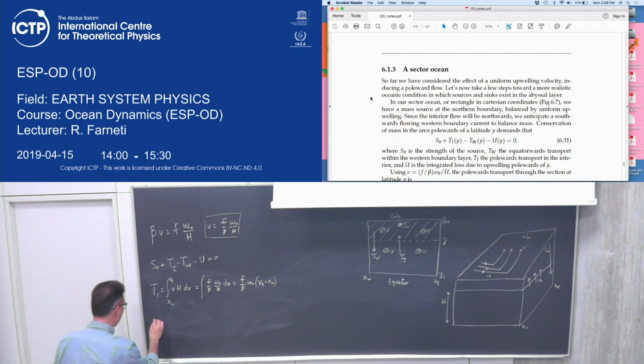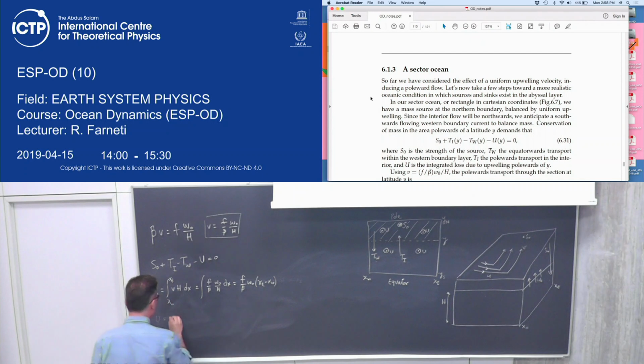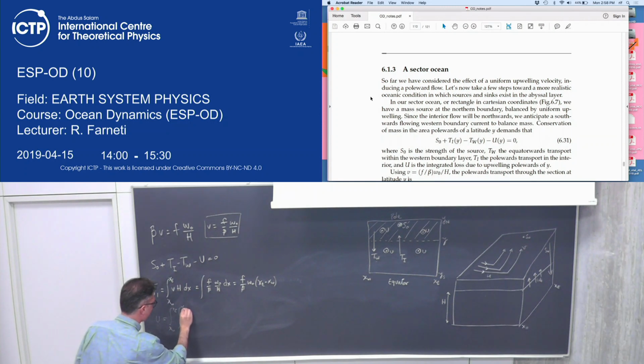The expression for the upwelling: the upwelling happens everywhere, so I can do an area integral from x west to x east, y, whatever that latitude is, until y naught, of the upwelling strength, the vertical velocity.